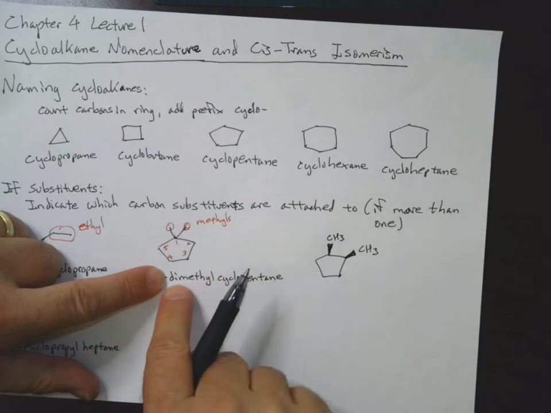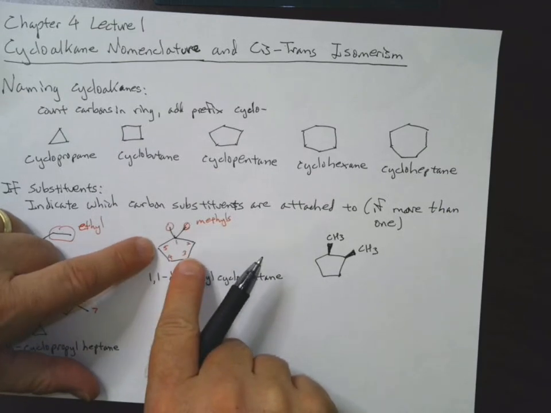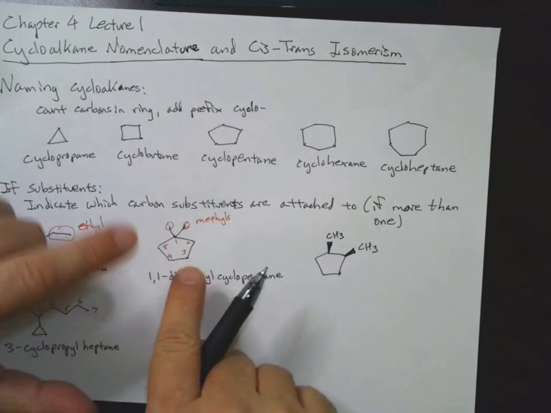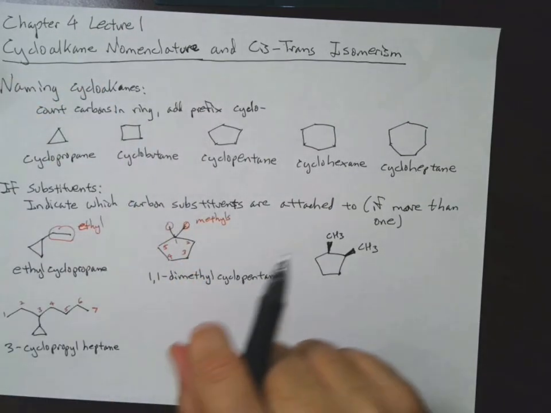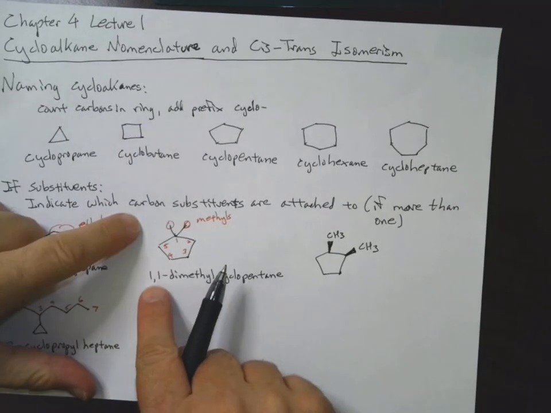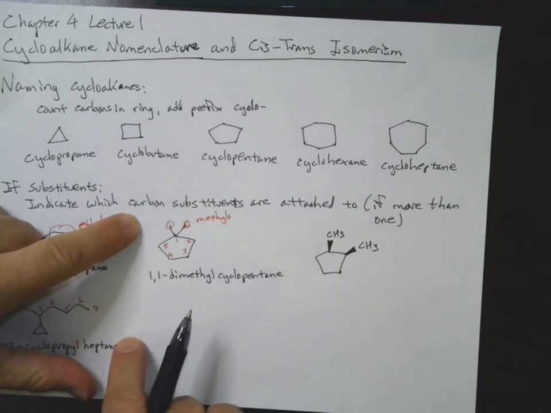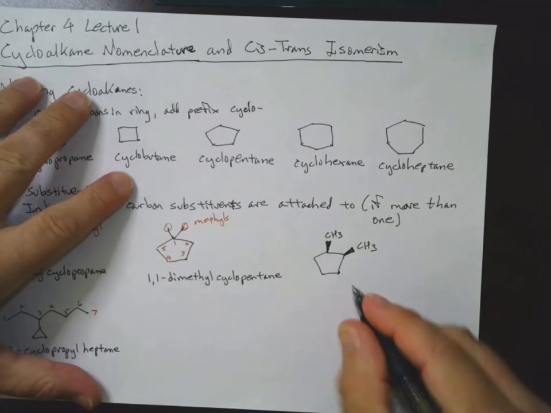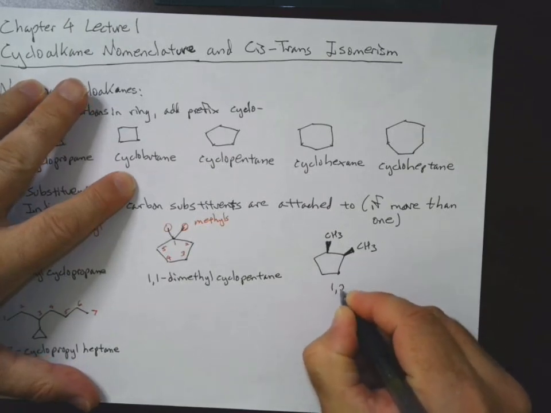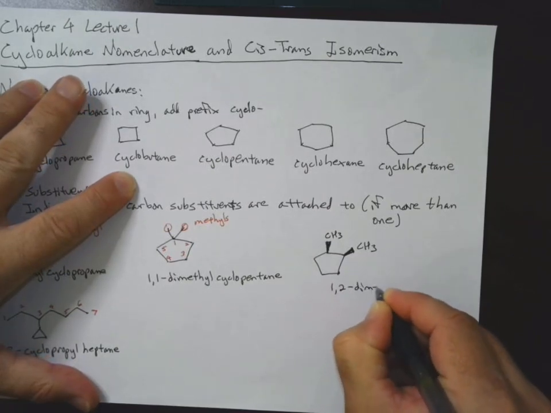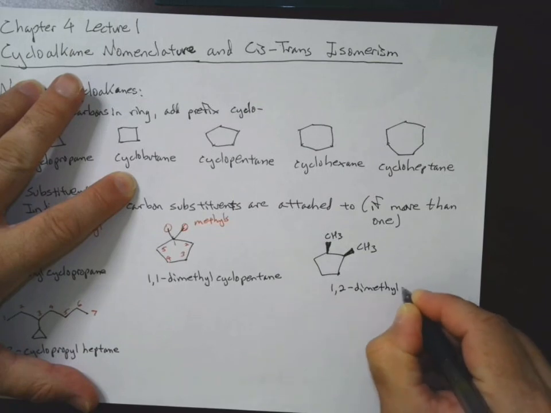Well, that would be incorrect, because there are 5 carbons on the cyclopentane ring, and any of them could have the substituent. So you need to specify 1,1-dimethylcyclopentane. This structure is 1,2-dimethylcyclopentane.